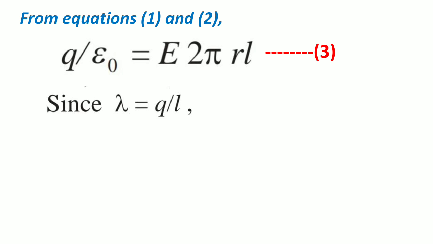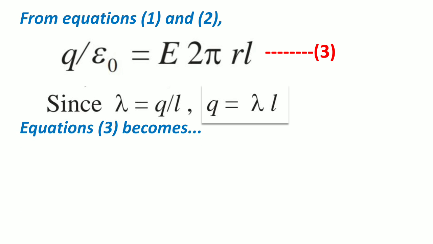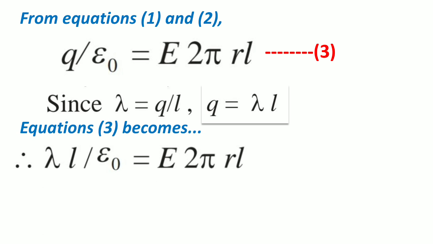So what should Q be? According to this equation, Q is equal to lambda into L. Now equation 3 becomes, instead of Q, we can write lambda into L. Therefore lambda L upon epsilon naught is equal to E 2πrL.